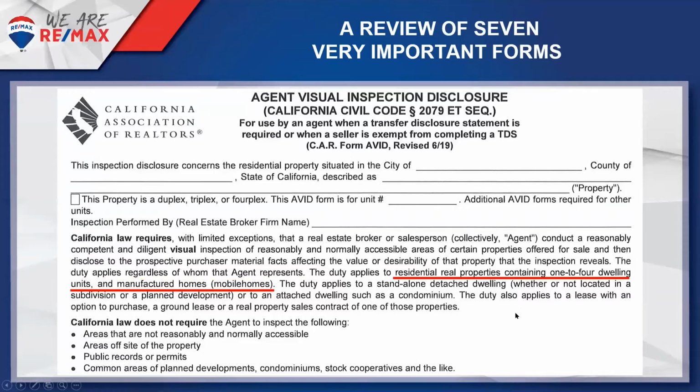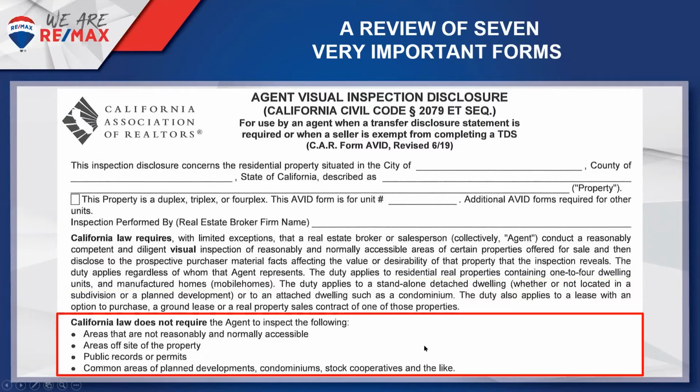For residential properties containing 1 to 4 units and manufactured homes, civil code requires a visual inspection. Now, you do not inspect areas that are not accessible or off-site of the property. You do not review public records or common areas of condominiums. So that's not part of your inspection. Don't inspect that. Once in a while, I see AVIDs with this information on it, and you've got to be careful with that.